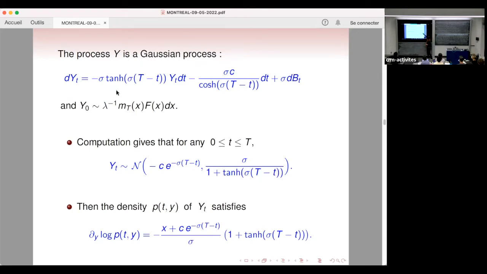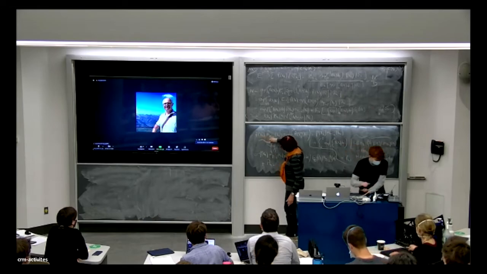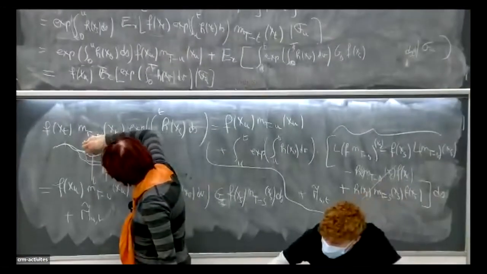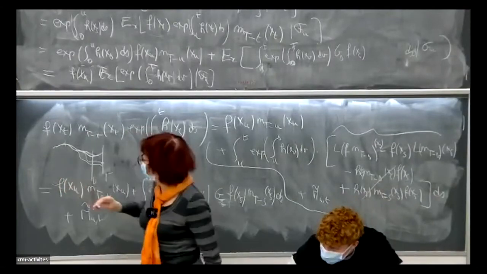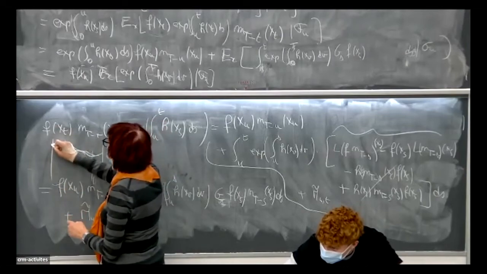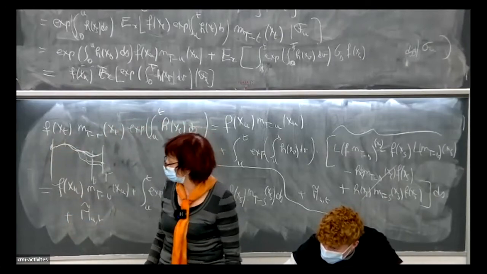You also have the variance, and you can compute the density, of course, and the derivative of the log of this density. So we have the trajectory in the direct sense, and remember, we wanted to know the trajectory in the reverse time, to know exactly where the ancestor traits of our individuals are.